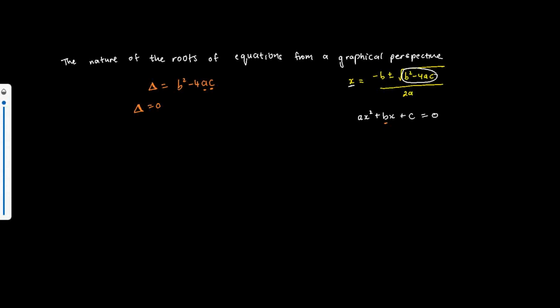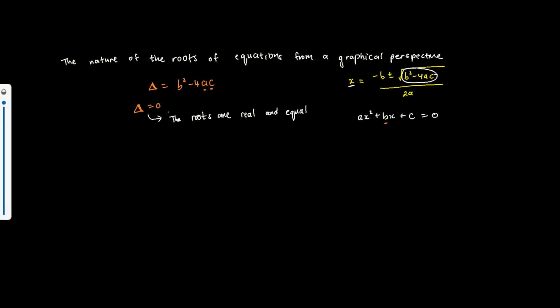And how we explain that, we say that the roots are real first. That means it gives me a real value. That means if I have to draw the parabola, it is touching the x-axis, and because the discriminant is equal to 0, we say that the roots are equal.